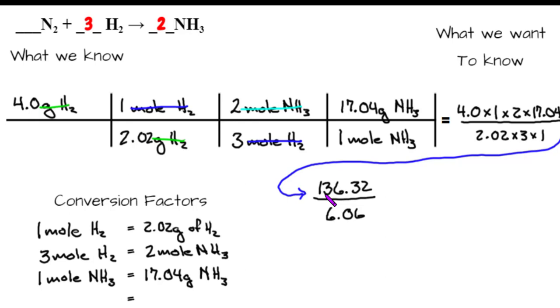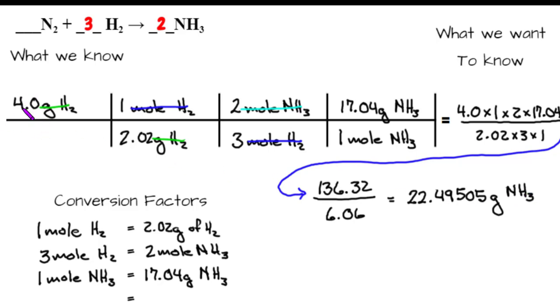When I simplify the fraction even further, I get a result of 22.49505 grams of NH3.